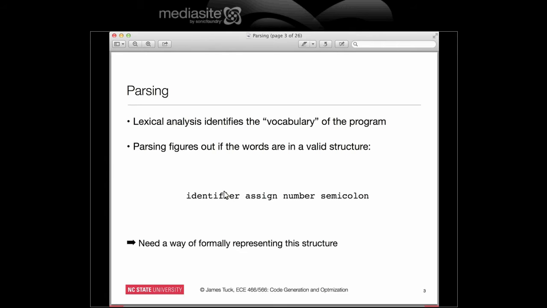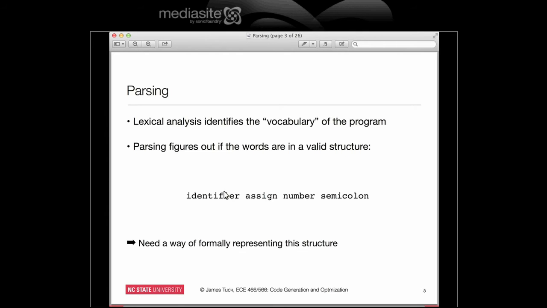For example, what if you have the sequence of tokens identifier, assign, number, semicolon for the C language? Is that a meaningful and valid structure? Hopefully you recognize that as a legal sequence of tokens in C, right? You can assign some identifier to a number, having something like x equals 3 semicolon. So that's legal.